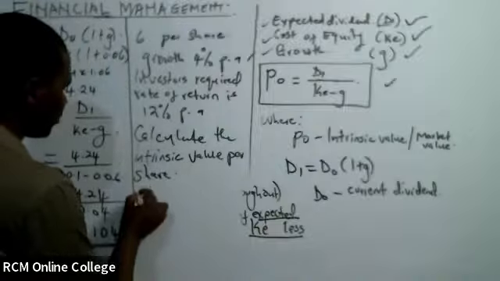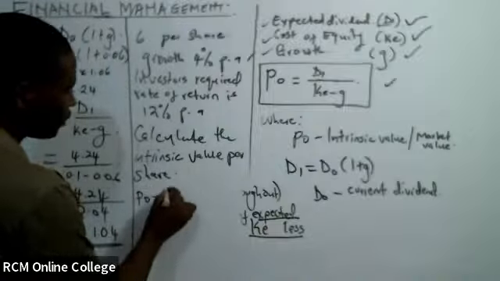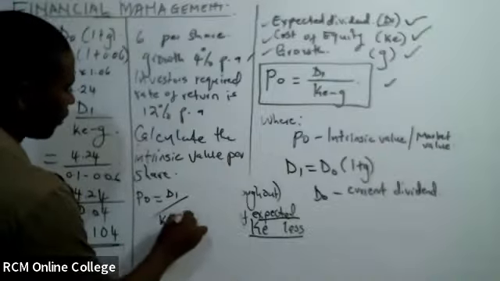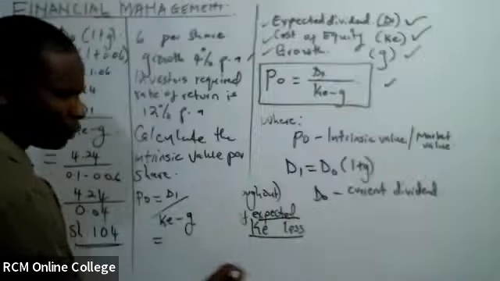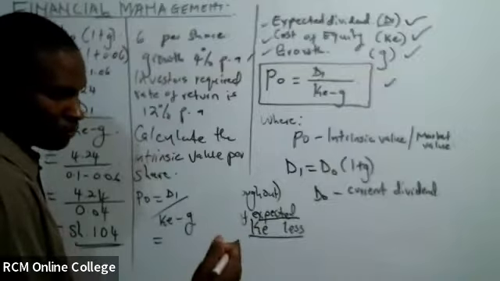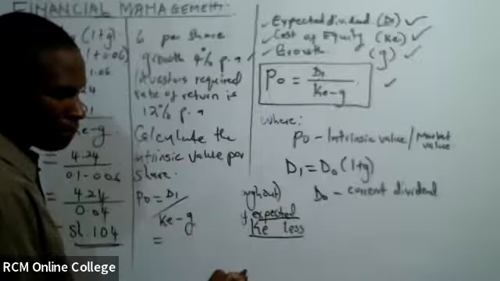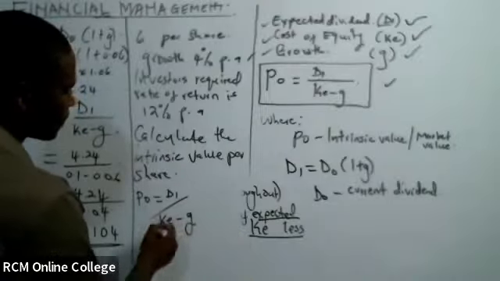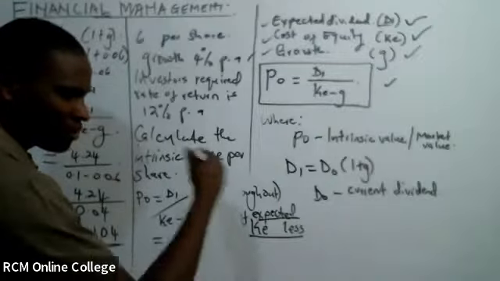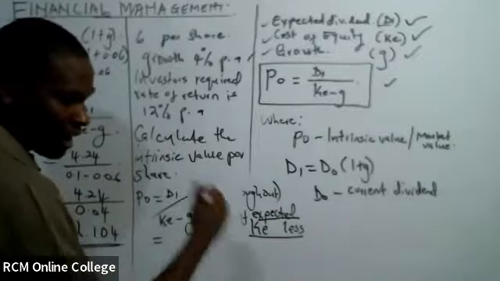Therefore, to get my P0 is equal to D1 over Ke minus g. Never forget the formula. Write it very many times and repeat these things until they are in your blood.